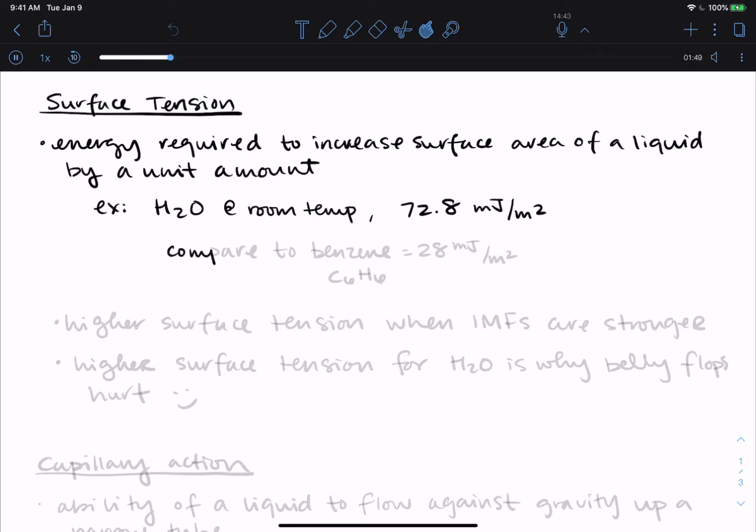If you compare that to something like benzene, it is 28 millijoules per meter squared. So water is going to have hydrogen bonding in it. Benzene does not. So benzene is all carbons and hydrogens.